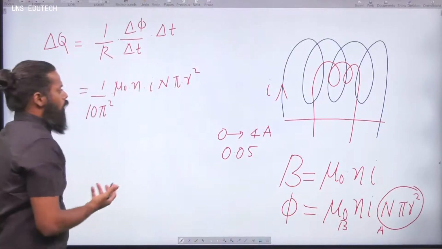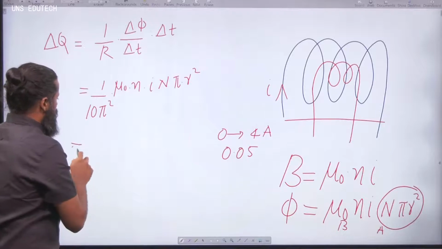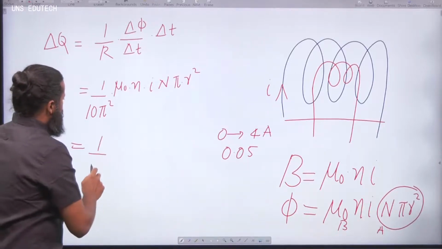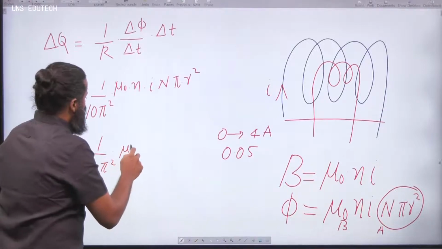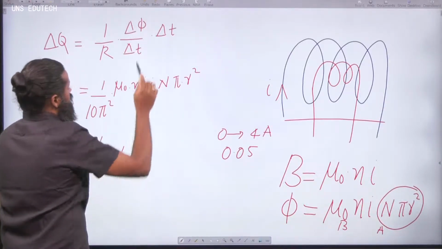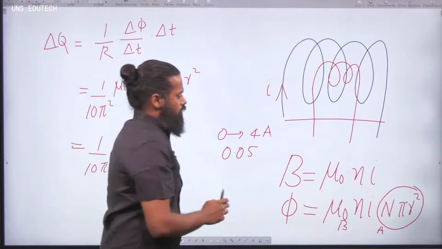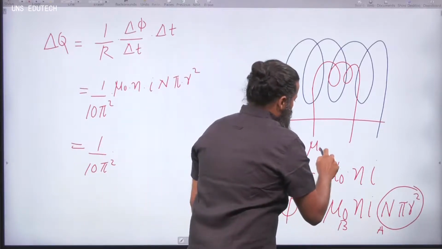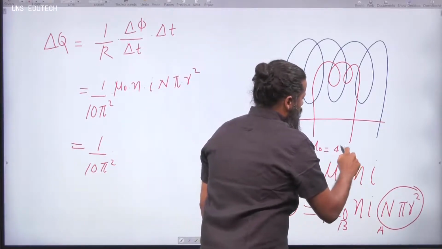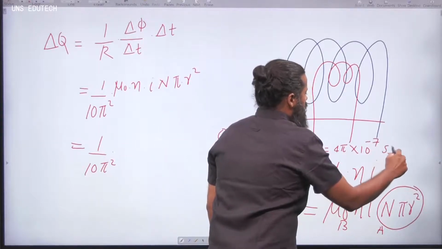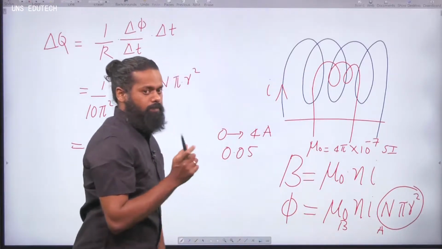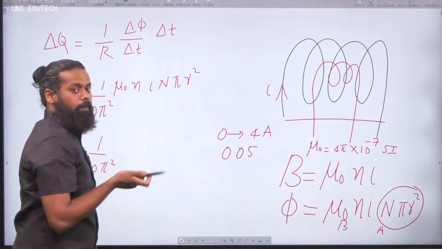You substitute all values, you will get the answer. So here you can write down 10 pi square, into mu 0, which is a universal constant. Mu 0 is nothing but 4 pi into 10 to the power minus 7 SI units, that you will study in the magnetism chapter.